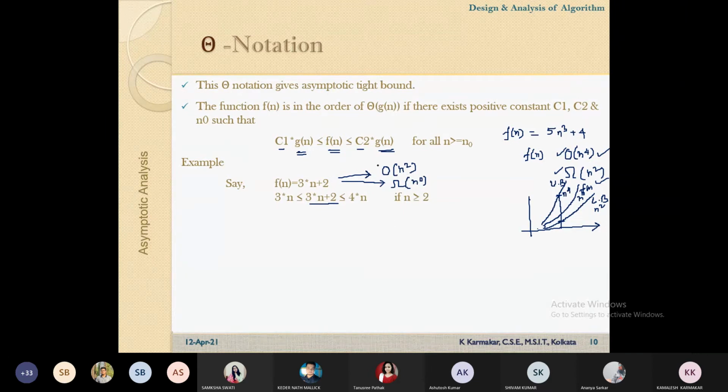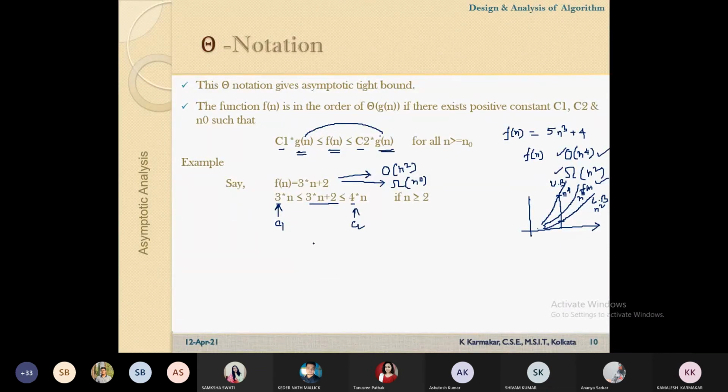But if we can determine a function g(n) which is common on both sides, so this g(n) is basically equal to this g(n), and only the constant values are different, this is basically c1 and this is basically c2.